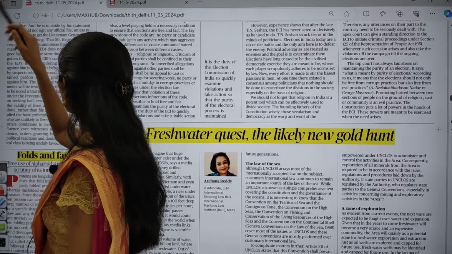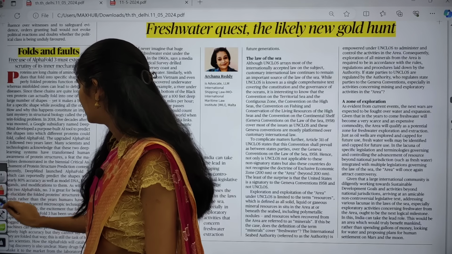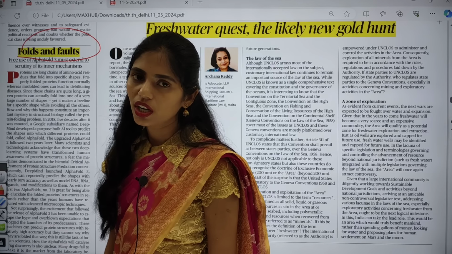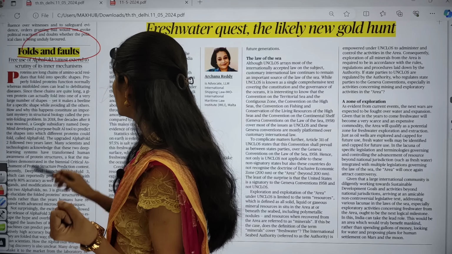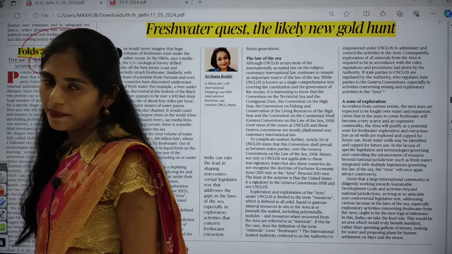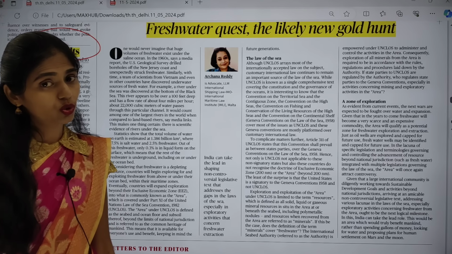Now let us move back to our Delhi edition, and here you can see one important article, that is false and false. This article is talking about one important AI, that is AlphaFold 3. Here you can expect a mains question and even a prelims question.